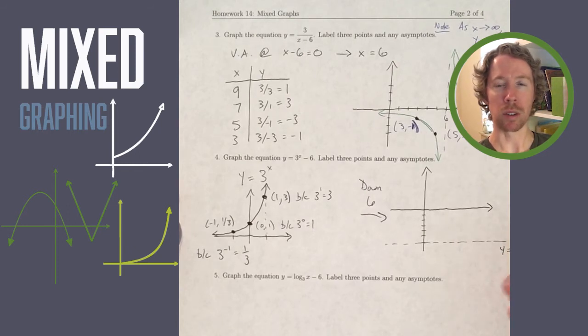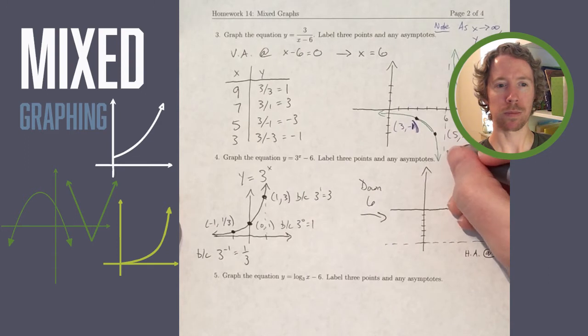So when I graph this new one, after I pushed it down 6, I'm going to take those same 3 points and just subtract 6 from each of the y values.